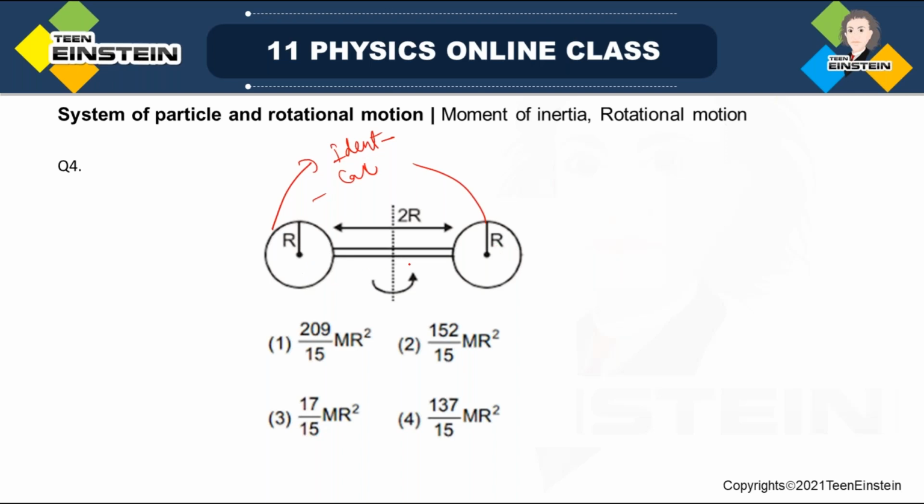They're stuck at the ends of a rod. This is a rod, you can see that, and it has a length 2r. Then moment of inertia about this axis for the whole system, you have to find out that.